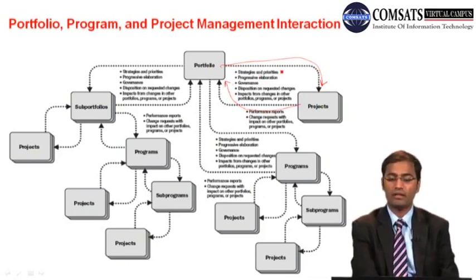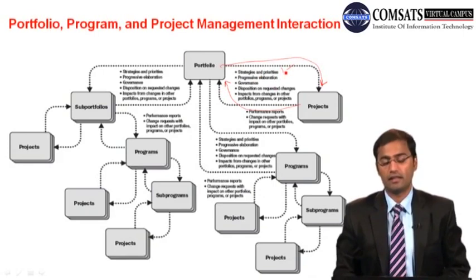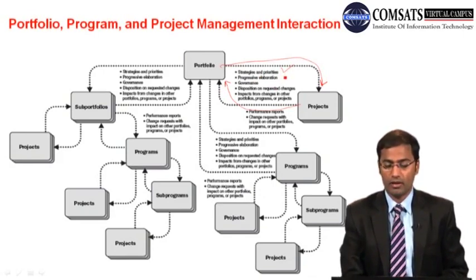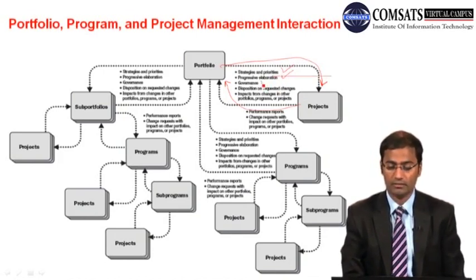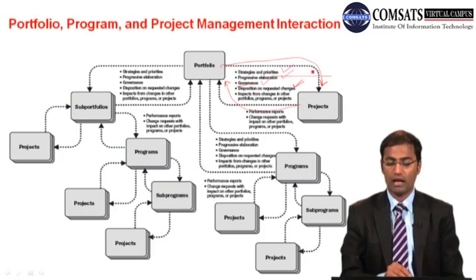So what we carry out there: we have strategies and priorities, and then we have progressive elaboration throughout the project, and we carry out the governance and disposition on requested changes. Now this is very, very important. I am going to talk on that.